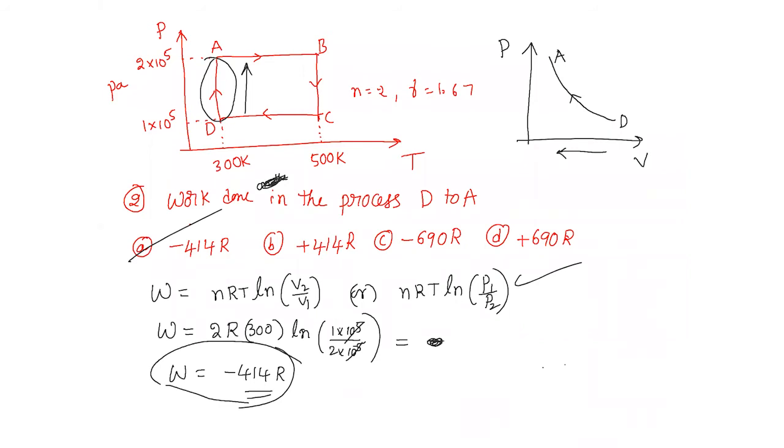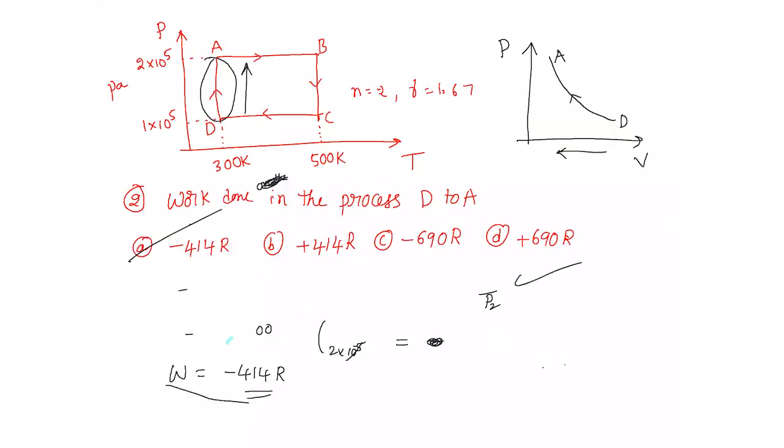The net work done on the gas in the cycle ABCDA. So in that entire cyclic process, what is the net amount of work done? That's what you have to calculate. Next question: in the entire cyclic process, what is the work done?